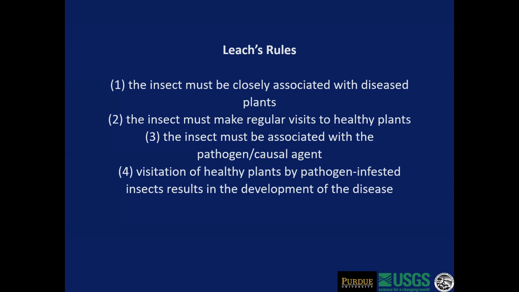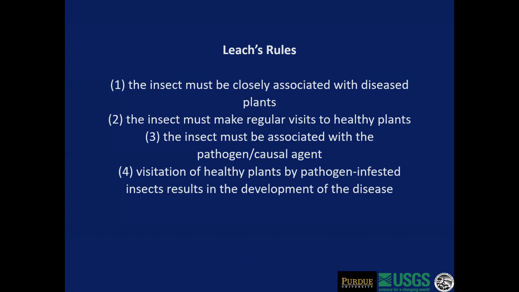And so now transitioning into direct transmission by the ambrosia beetles. In addition to Koch's postulates, in order to confirm an insect as a vector, you also have to follow Leach's rules. There are 4 general rules that we had to complete. The first is the insect has to be closely associated with diseased plants.